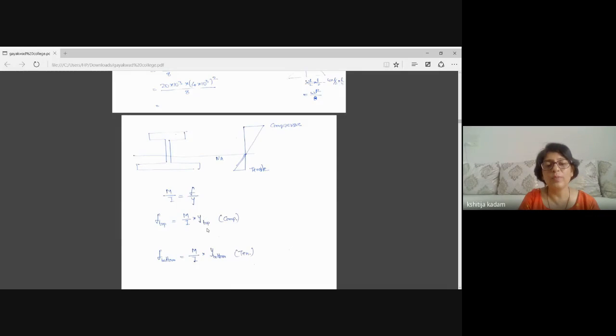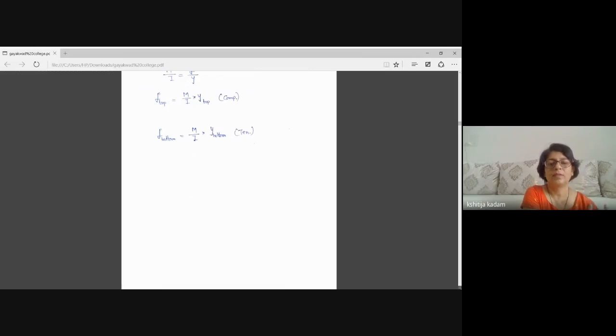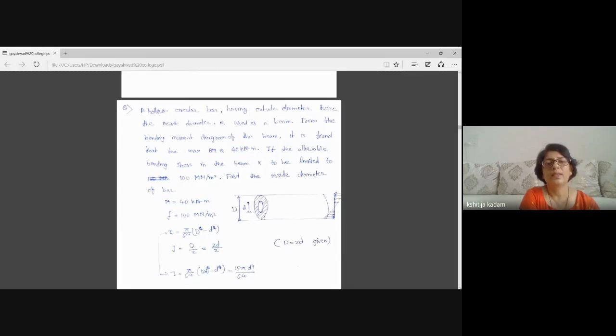Only thing is y top will be applied to find out stress at top, and y bottom will be used to find out stress at bottom. It is simply supported beam, so top fiber will be in compression and bottom fiber will be in tension. So in short, we have only one formula for all these problems, which is M upon I.